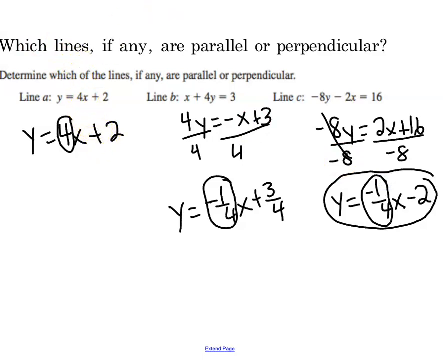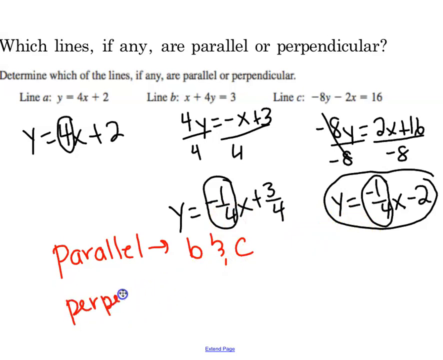So now we need to look. Which lines, if any, are parallel? So parallel has to be the same slope, and that is lines B and C. They have the same slope. Perpendicular, I spelled that wrong, sorry.